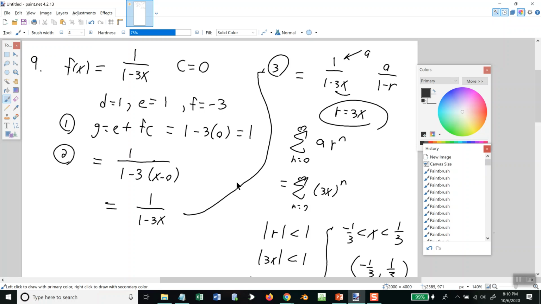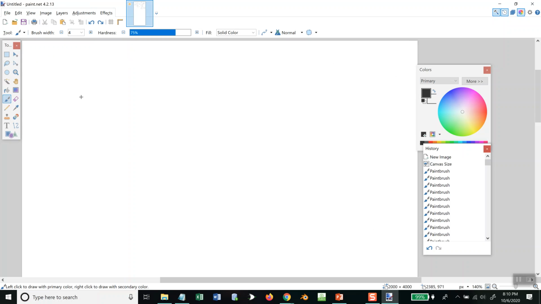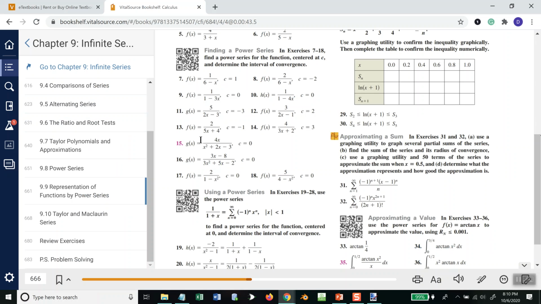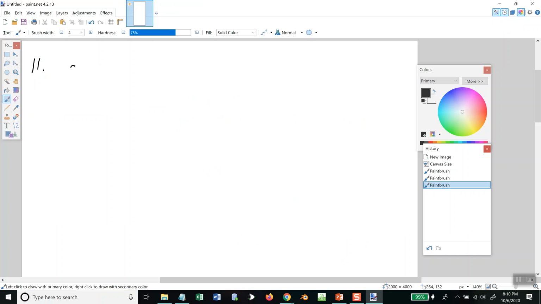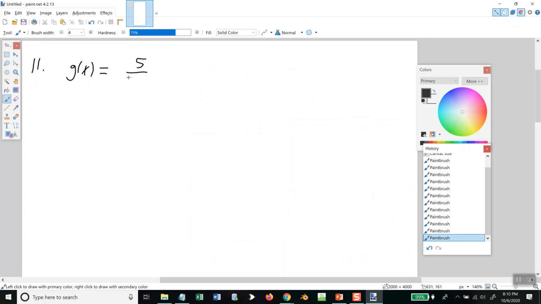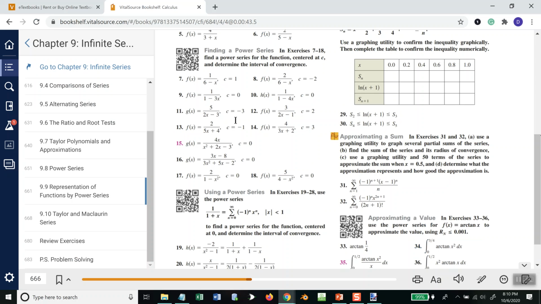Let's look at number 11. G of x equals 5 over 2x minus 3, and C is equal to -3.